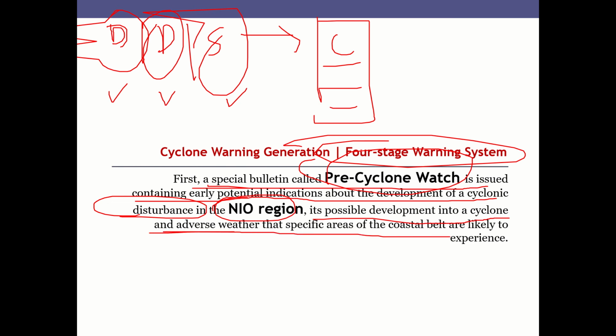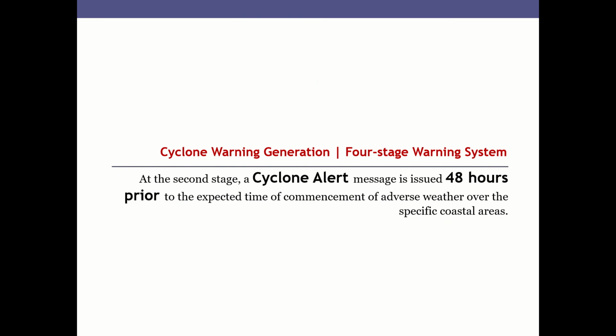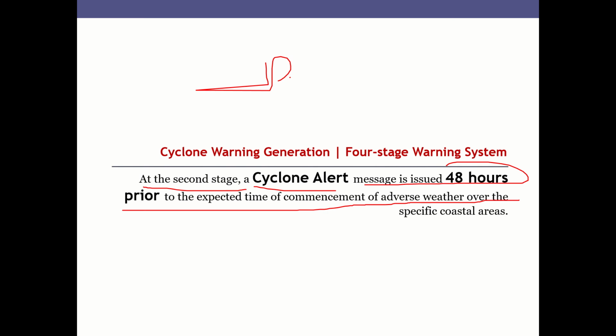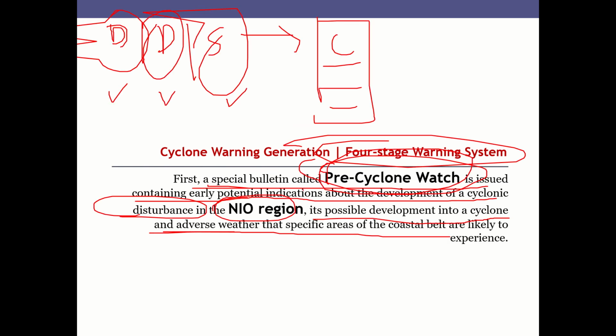So the first thing is the pre-cyclone watch. At the second stage, a cyclone alert message is issued within 48 hours prior to the expected time of commencement of this disturbance to depression. So cyclone alert is actually sent 48 hours prior to the observation.